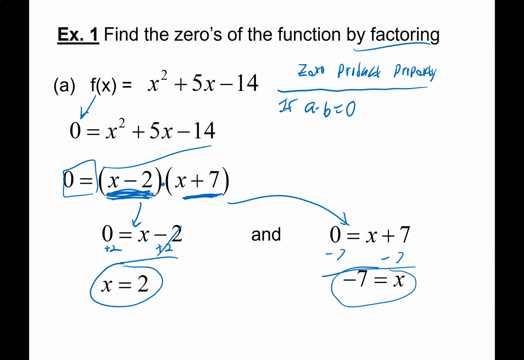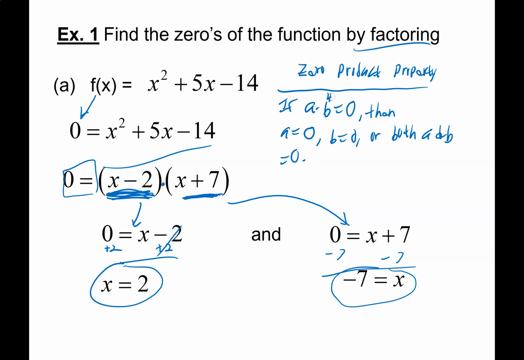If I multiply two things and they equal 0, then you really only have a couple of options. Either the first one, the a, is 0, or maybe the b is 0, or perhaps both a and b equal 0. Say, I don't get it.